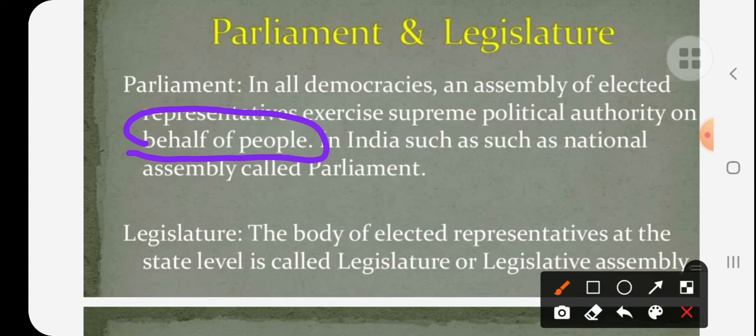Only the matters which are related to the people of the country are discussed there. In India, such a national assembly is called parliament, where all the matters of the people are discussed.